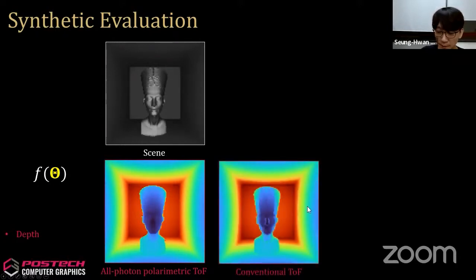Here is the comparison to the conventional time of flight method that only utilizes the first arriving photons reflected from the object surface. Note that in contrast to this conventional time of flight, our method utilizes all photons, including first arriving and late arriving photons, and their polarization states in order to reconstruct this accurate depth information.